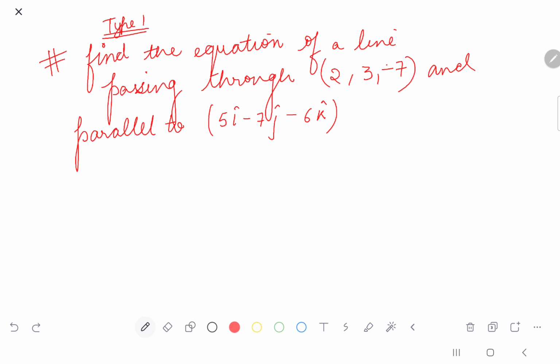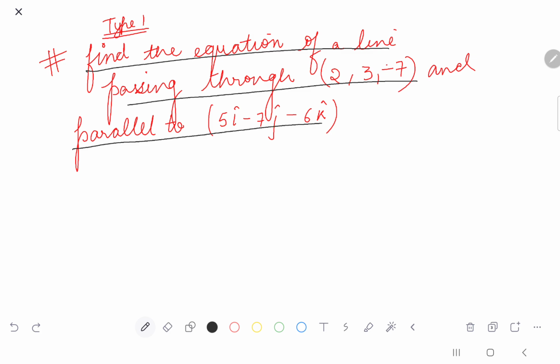So this is how the question is. How would you solve this?